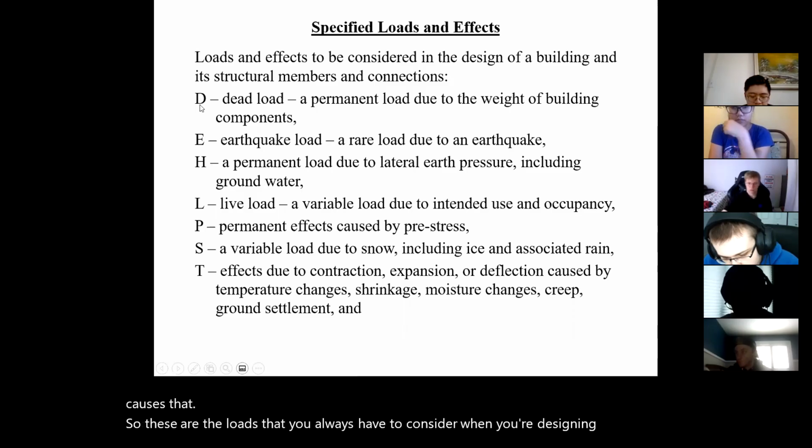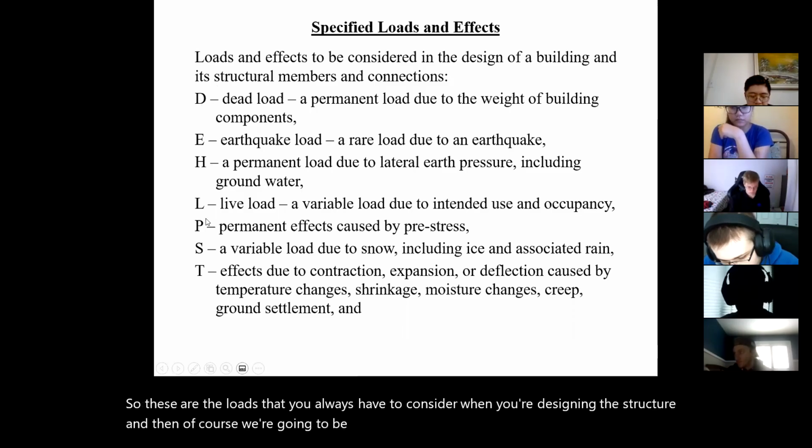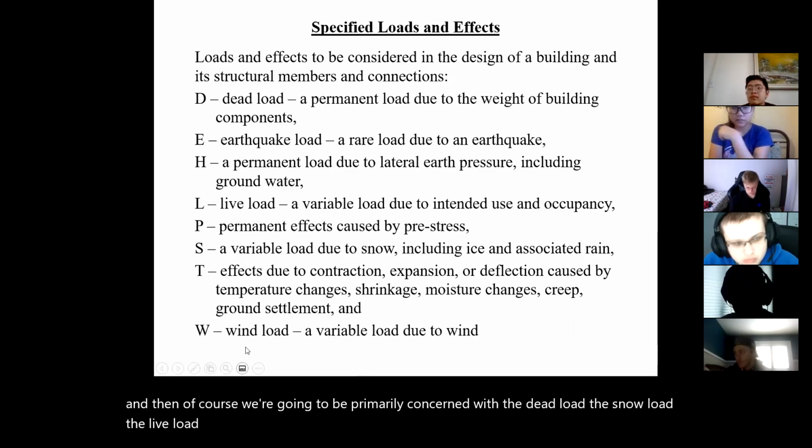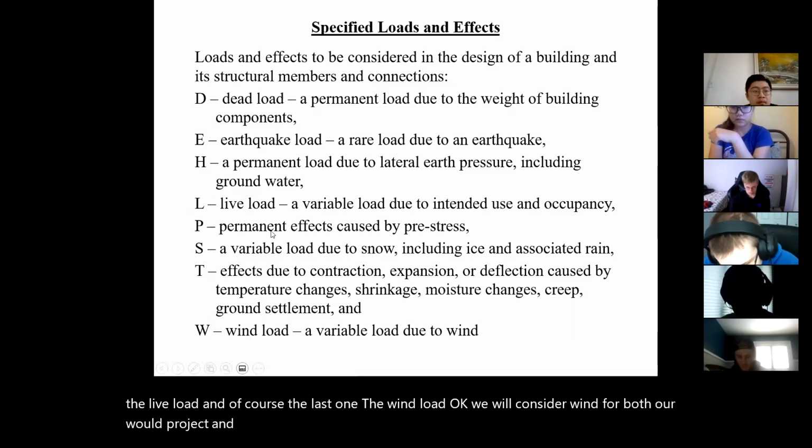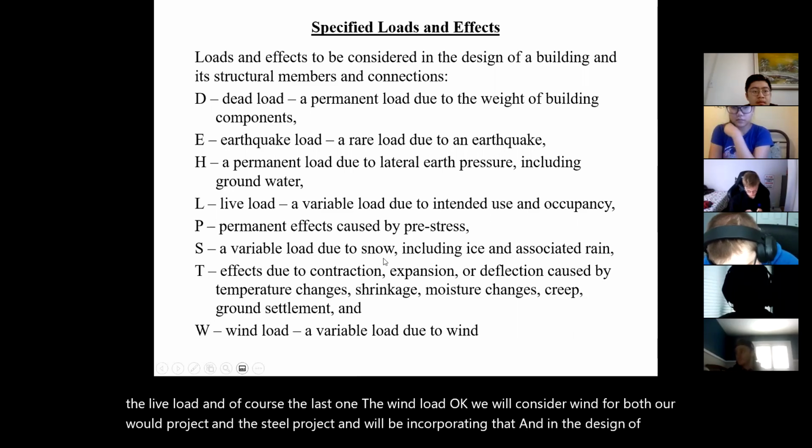And then of course we're going to be primarily considering the dead load, the snow load, the live load, and of course the last one, the wind. Okay, we will consider wind for the wood project and steel project, and we'll be incorporating that in the design for the walls and so on.